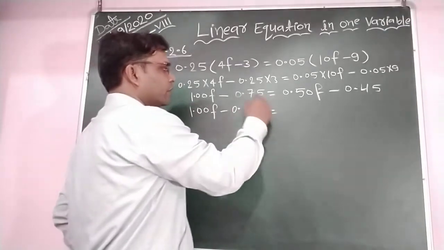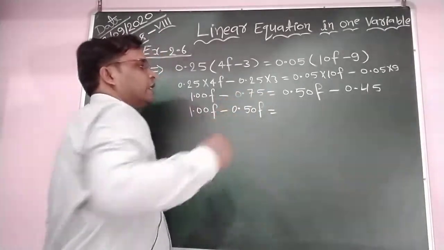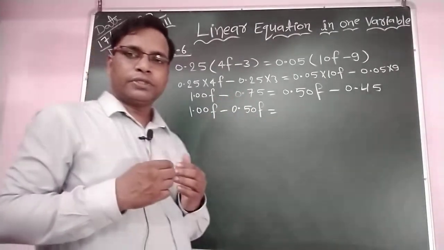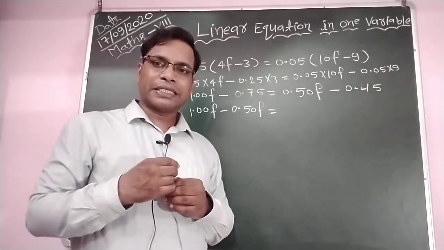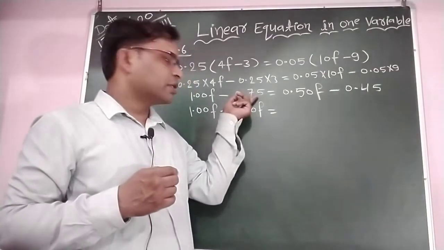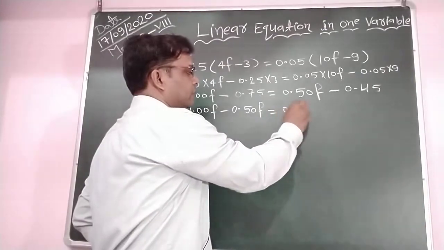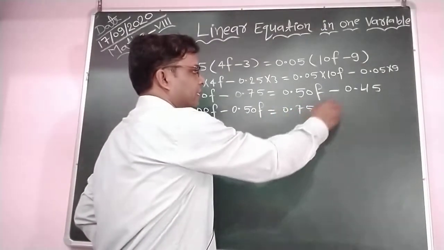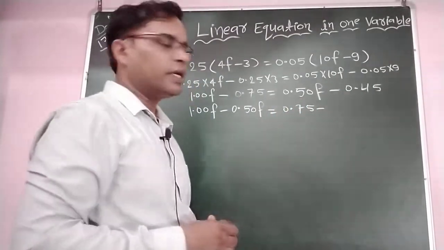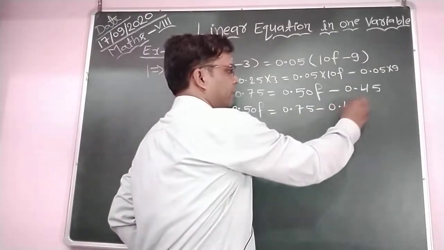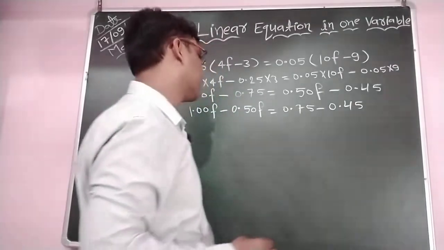This is equal to, here you can see 0 minus 0.75, when we transpose it, it becomes positive. So here we have 0.75 and minus 0.45 as it is.